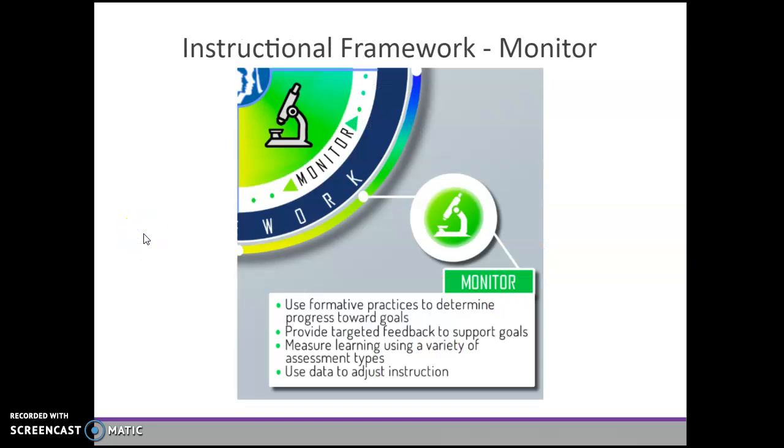The third phase of the instructional framework is monitoring. Within our content collaboration teams, we will also focus energy on how we monitor student learning. In this phase, we will use common formative assessments to adjust instruction, provide remediation, and give students targeted feedback about their learning.